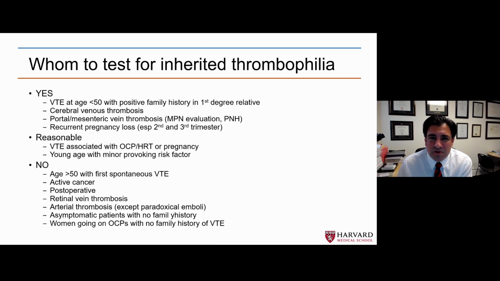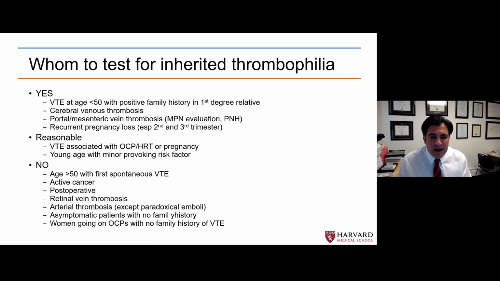Somebody who's 20 or 30 years old and went on a plane ride cross country, most people do fine with that, so it seems that there's maybe something contributing. People who are over the age of 50, I avoid it. Certainly patients with malignancy. I do not do thrombophilia testing in postoperative patients or those with retinal vein thrombosis.